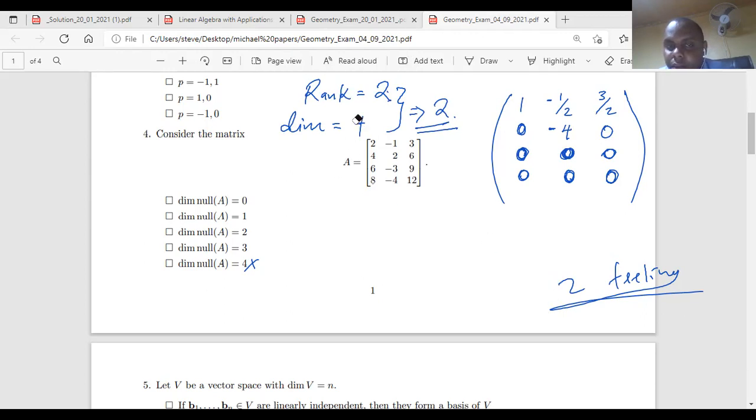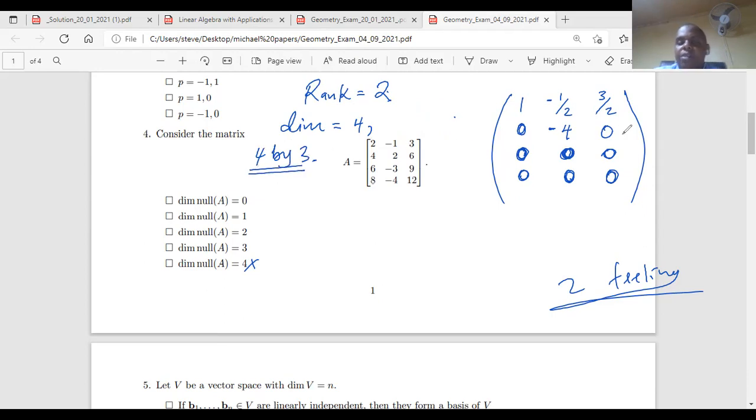Sorry, why is it 4? Is it not 3, the number of columns? We usually think of the number of columns, but whenever we are talking about a matrix, the real dimension would be 4 by 3.